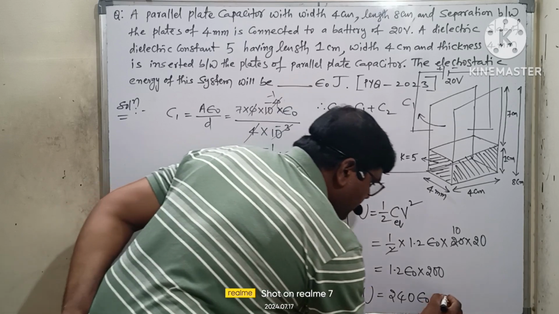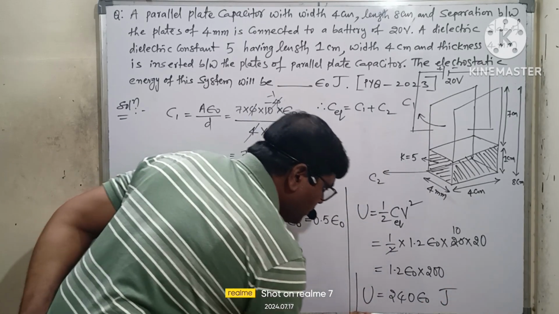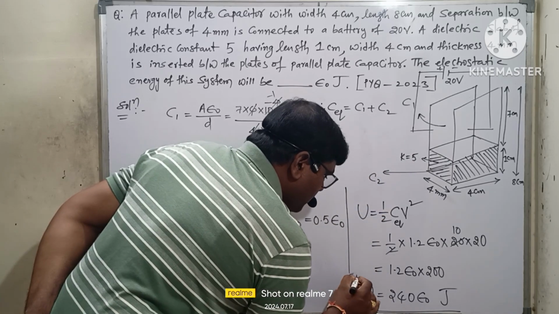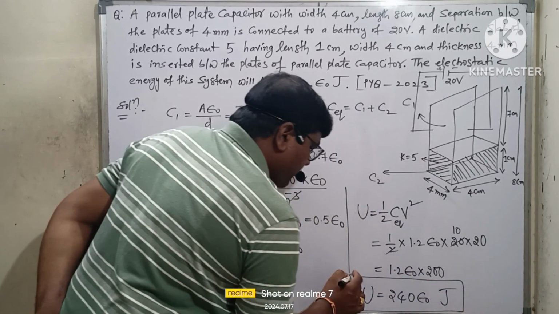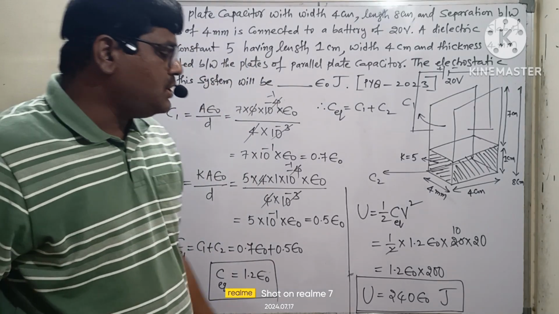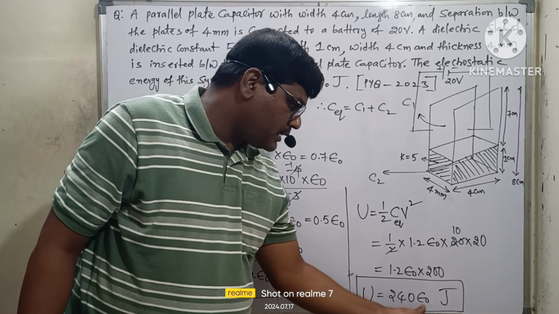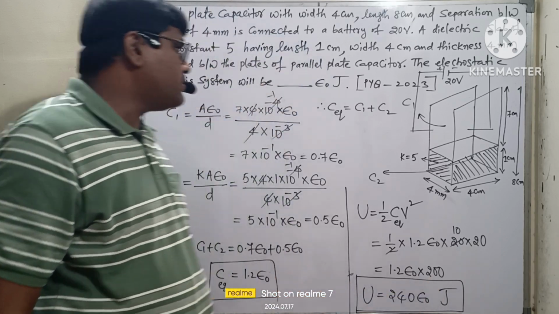This is the energy, measured in joules. So the final answer is that the electrostatic energy stored in the capacitor is U equal to 240 epsilon naught joules.